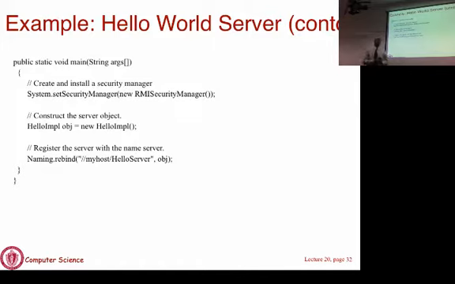Typically it will be something like I'm a print server or I'm a file server, so they'll be doing completely different things. The chances of collisions are rare, but yes, if 10 of you are writing lab 3 and you give the name of the server as lab 3, the first one that registers lab 3 is going to get it. Other people will have to find another name for their server. They can't call their server lab 3.